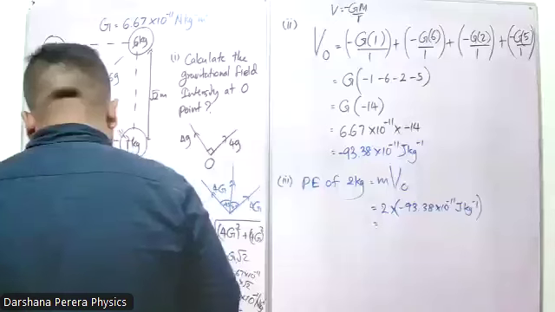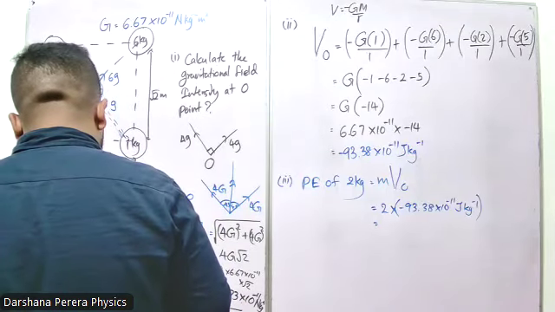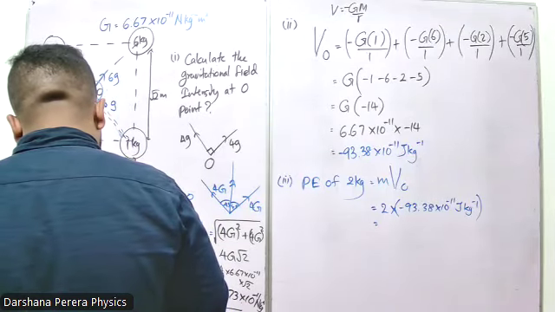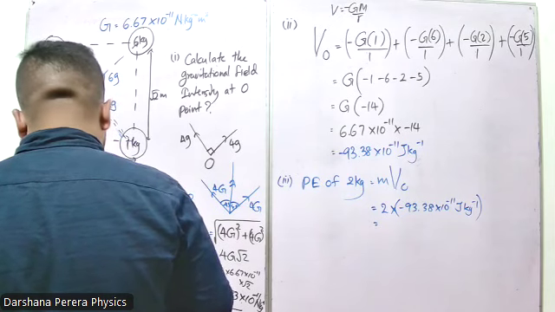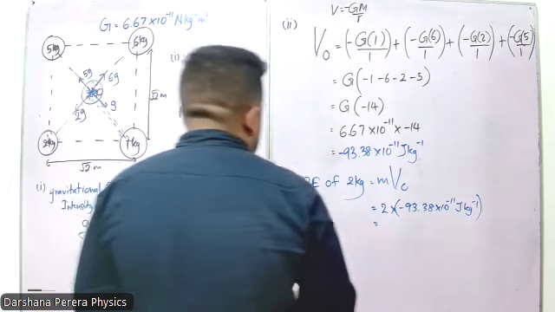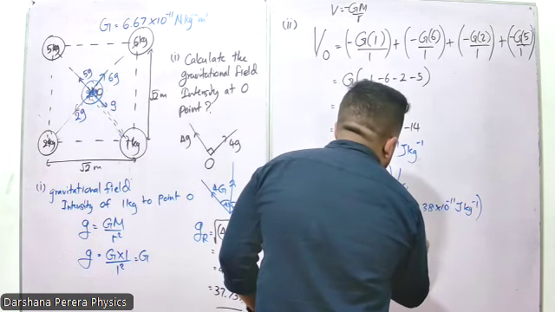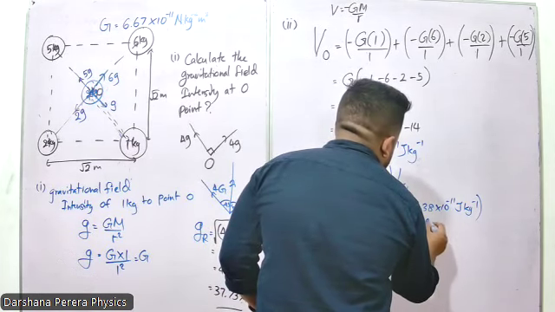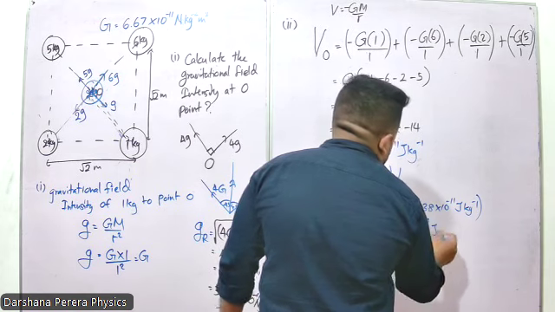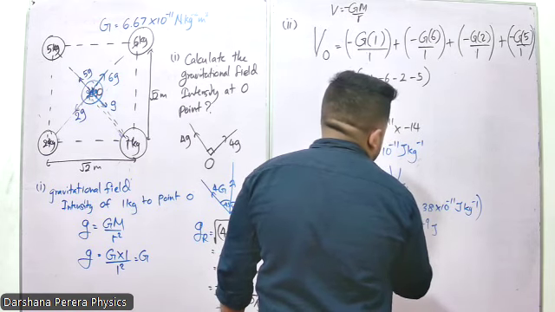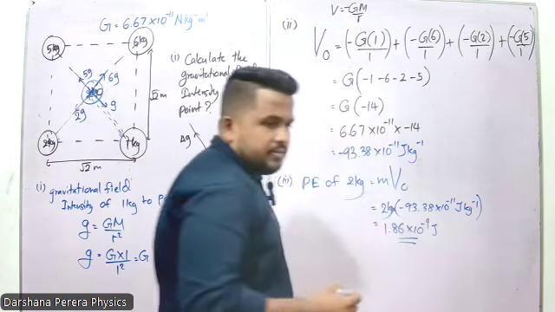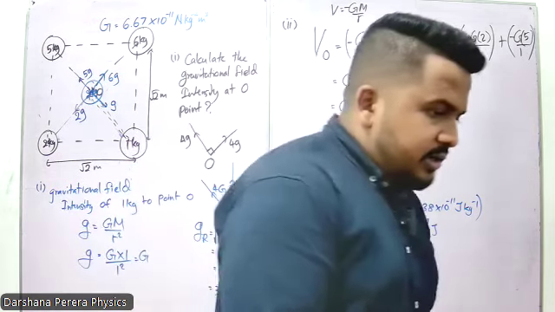So here then 2 into 93.38 is 1.86 into 10 to the power minus 9 joule. Therefore, answer is this one. So I think your answer is correct.